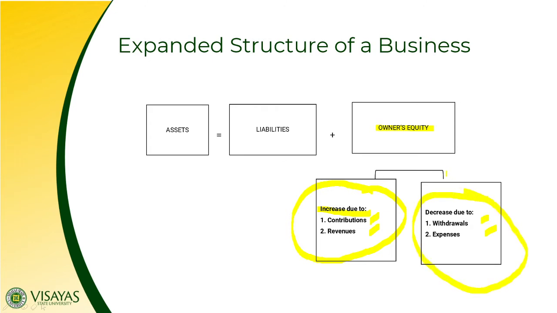The assets and liabilities will also change along the process. Again, the fundamental identity of balance among elements should be assets equals liabilities plus owner's equity. Contributions and revenues could lead to higher owner's equity, while withdrawals and expenses could lead to decreasing owner's equity.